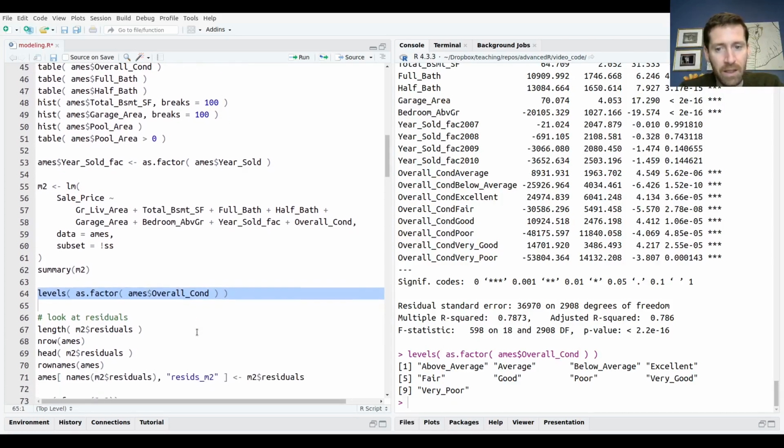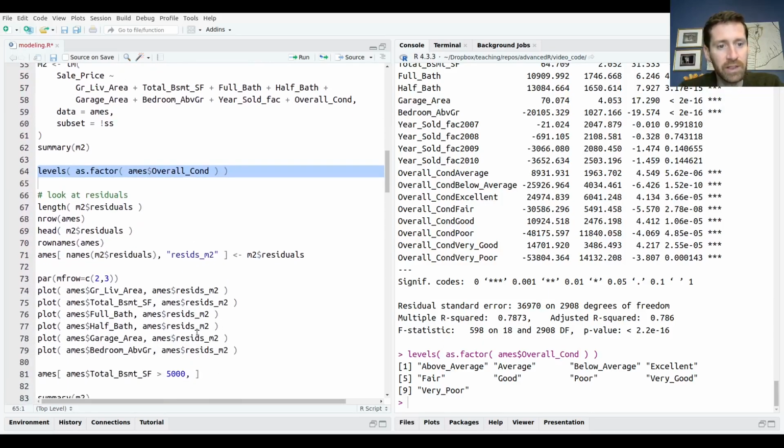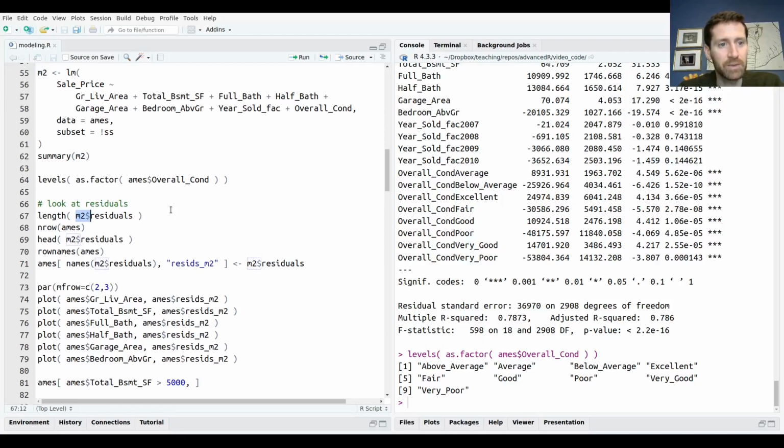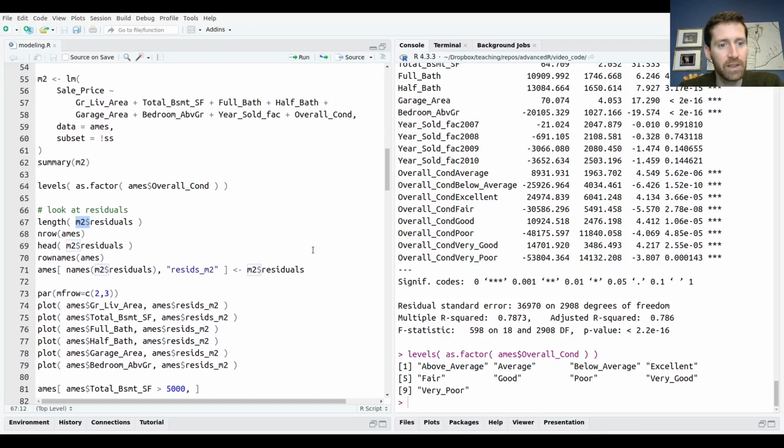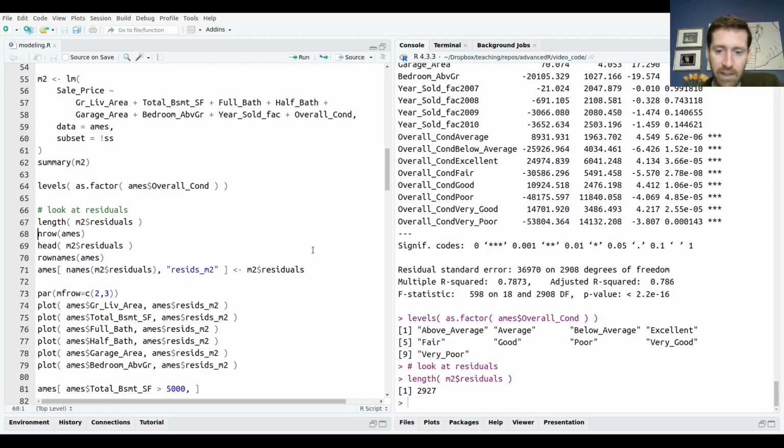Another thing you want to do when you're doing this big complicated regression is take a look at the residuals, see if there's anything that stands out. The way I grab the residuals is I use this model object, M2, the model I fit here, and then there's a field called residuals. One thing to point out is that the length of this doesn't always match the size of the data set.